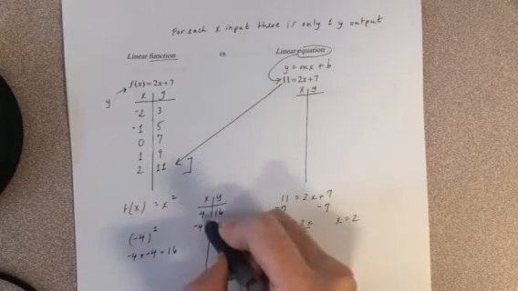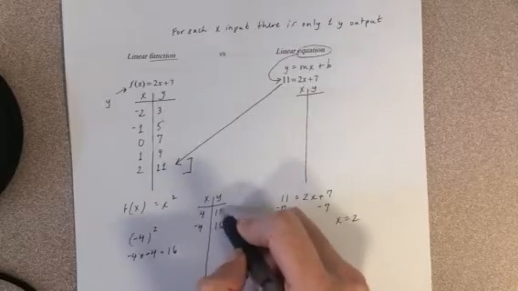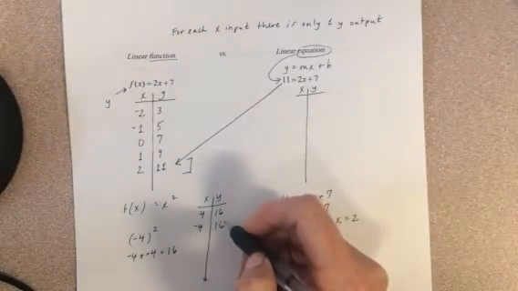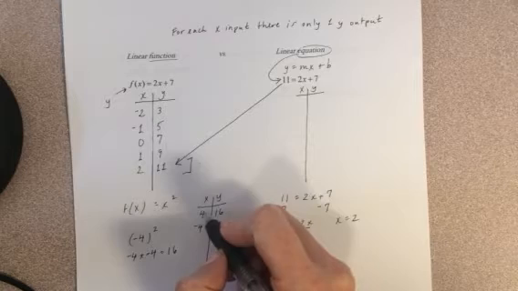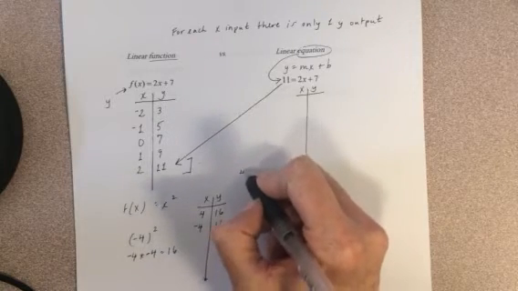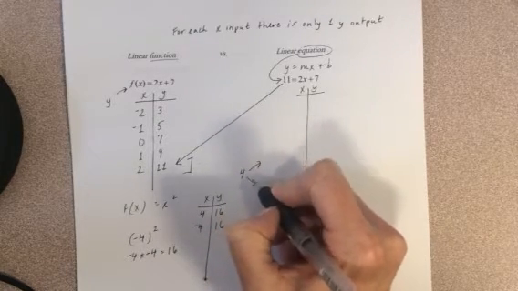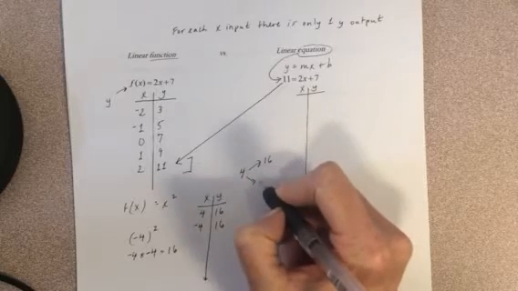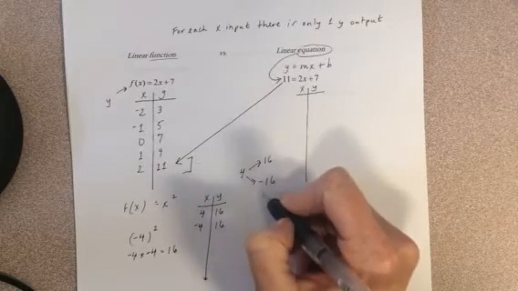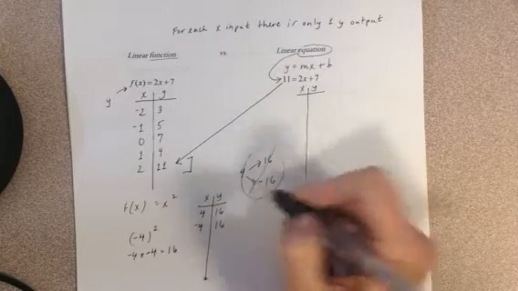So two different x inputs can give the same y output, but it is not okay to have one x input give two different y outputs. That would not be a function.